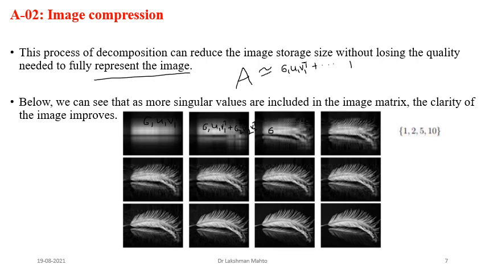If A is a matrix of rank r, then we are not going up to r, just up to s: sigma s u s v s transpose. So here, in the first case S is equal to 1, in the second case S equal to 2, in the third case S equal to 5, in the fourth case S equal to 10.